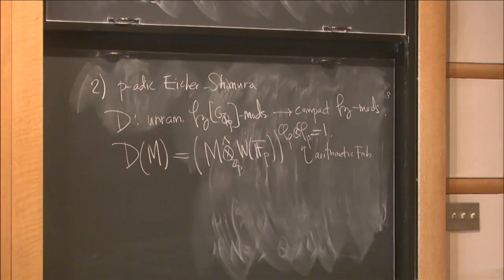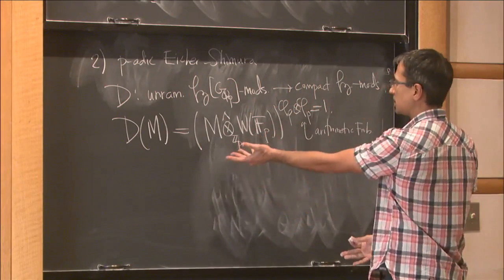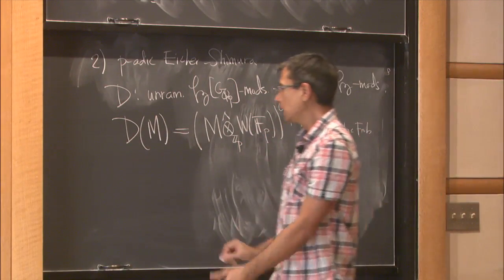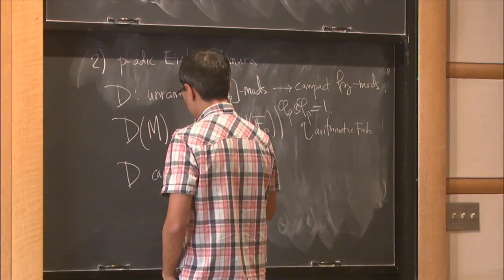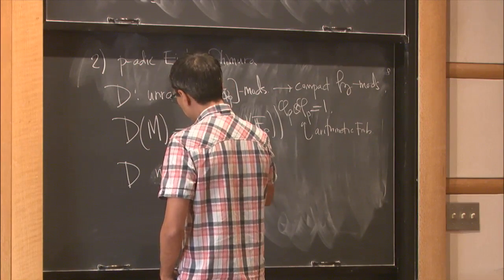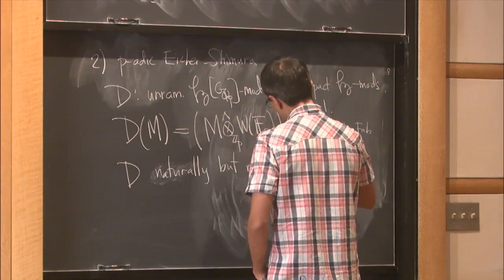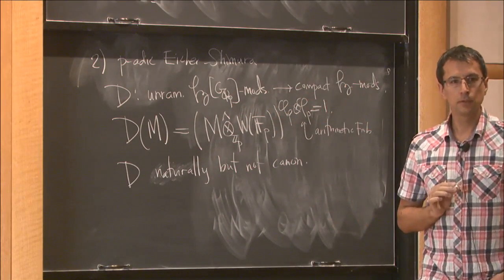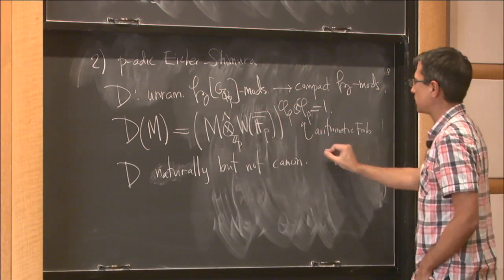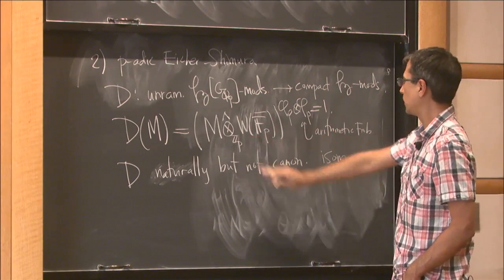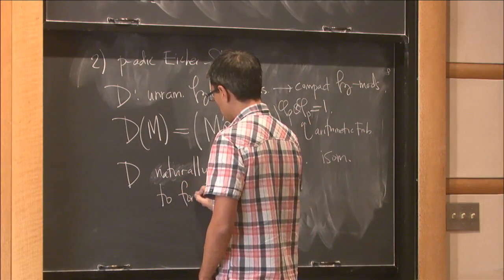So it turns out that D is, since we're dealing with unramified modules, you may notice this doesn't actually change the structure as an H module. So in fact, D is naturally, but not canonically, isomorphic to the forgetful functor.